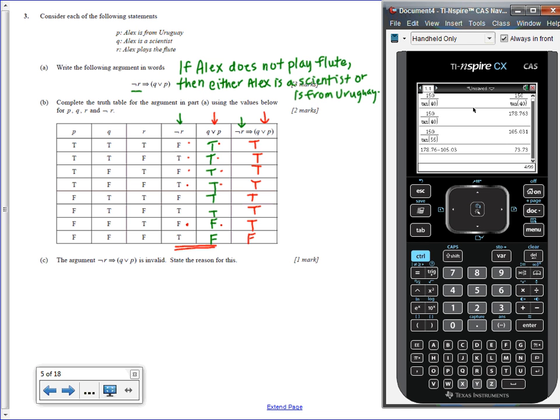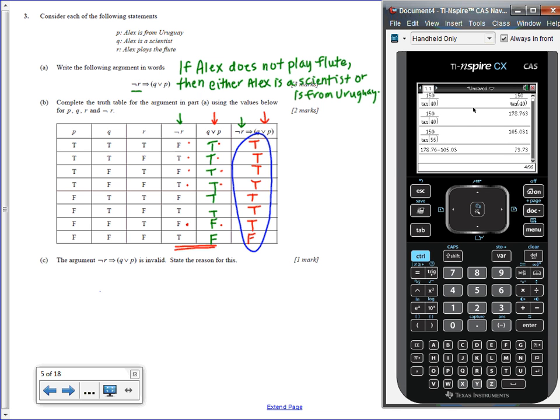And then in part C, it says the argument is invalid. They're kind of giving that away just in case you got the truth table wrong. They want you to still be able to get this final mark. So the argument is invalid. State the reason for this. There are lots of ways you can say it. The way that the answer book is looking for is that not all entries in this final column of our truth table, in the argument column, are true.